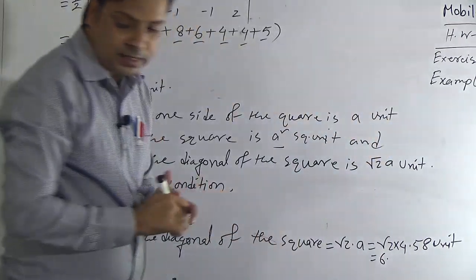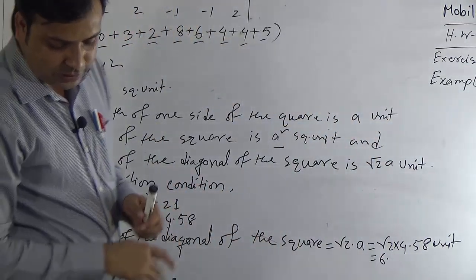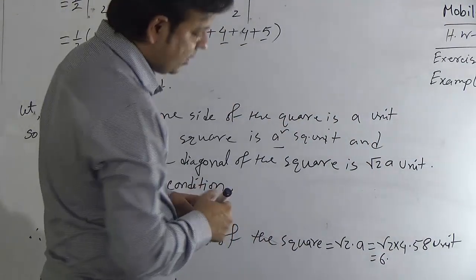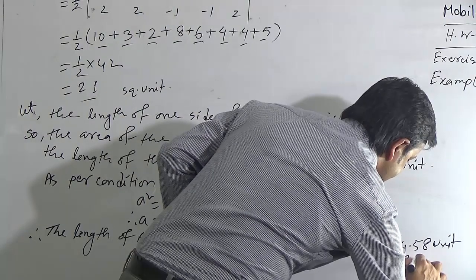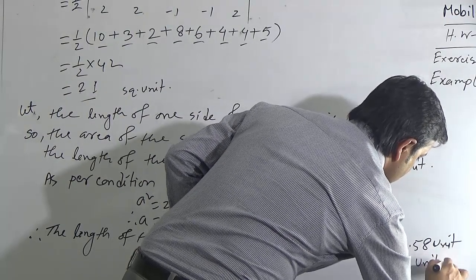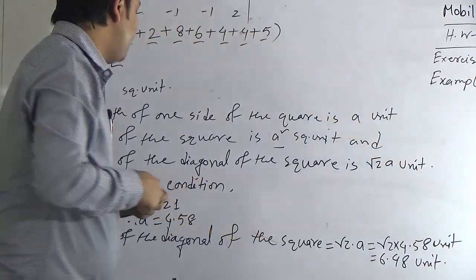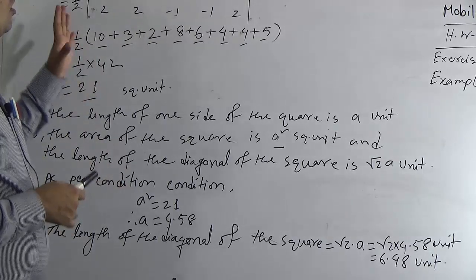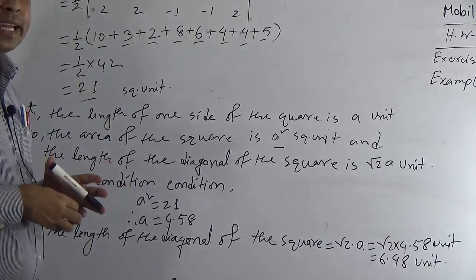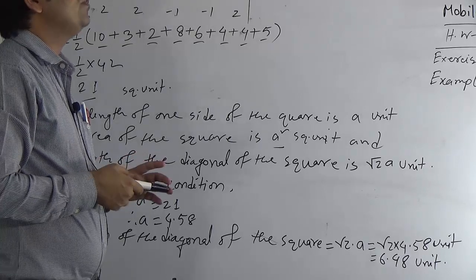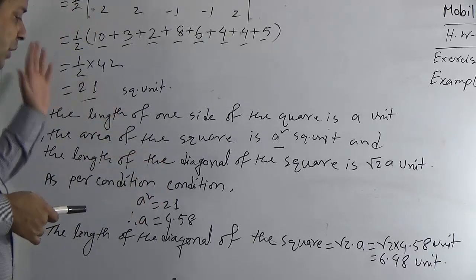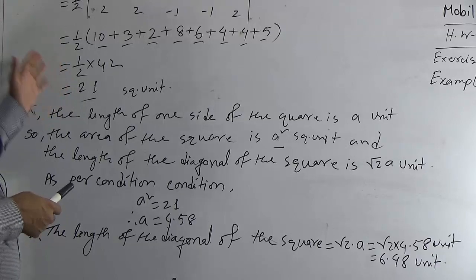If we calculate, we'll get 6.477. It means 6.48 unit. So this is the length of the diagonal of the square whose area is equal to the area of the quadrilateral PQSR. Okay dear students, so I have done question 2.